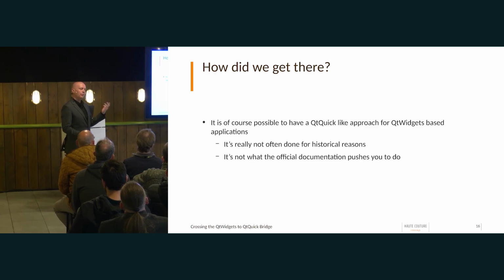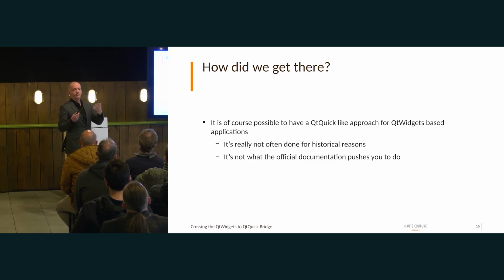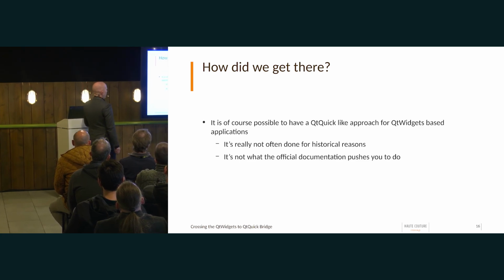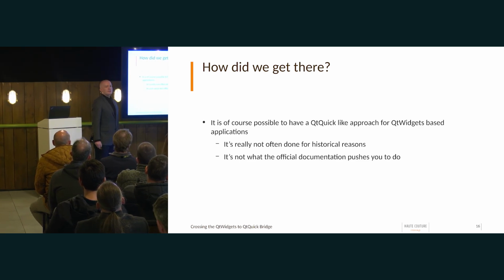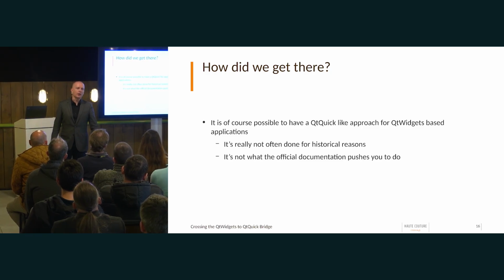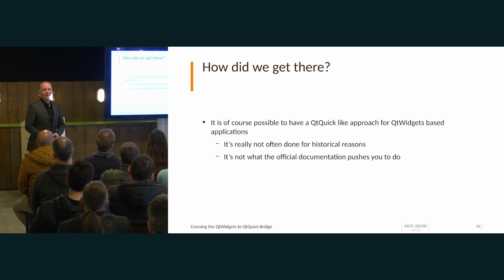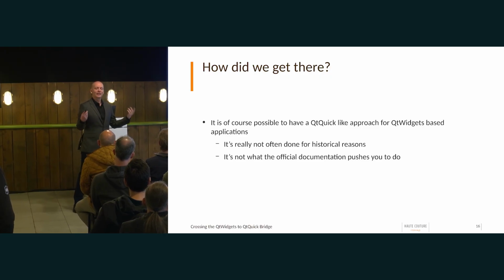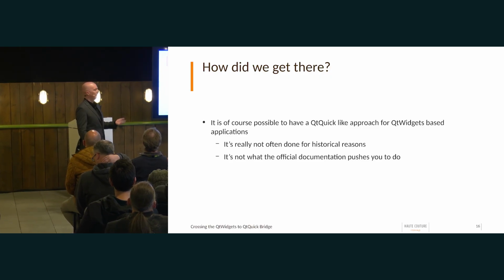Maybe we should do things differently. And maybe we would have a structure which is a bit more like the QtQuick ones. Well, very often that's for historical reasons. We were young, we were stupid, we didn't know any better. We did that, okay? The problem now is that we have lots of legacy code that we have to deal with, which is done that way.